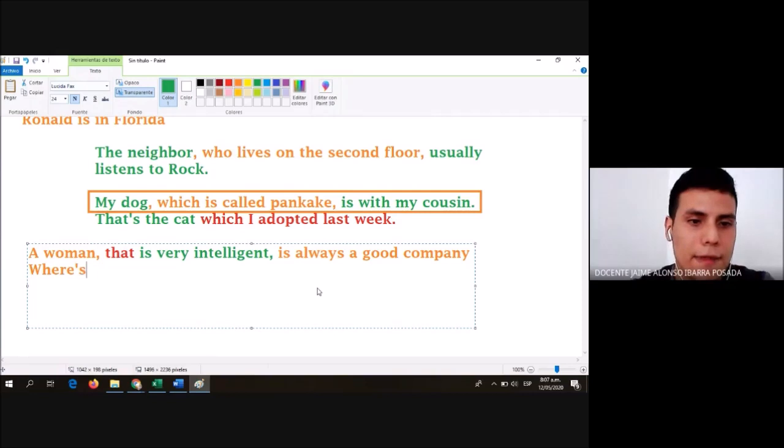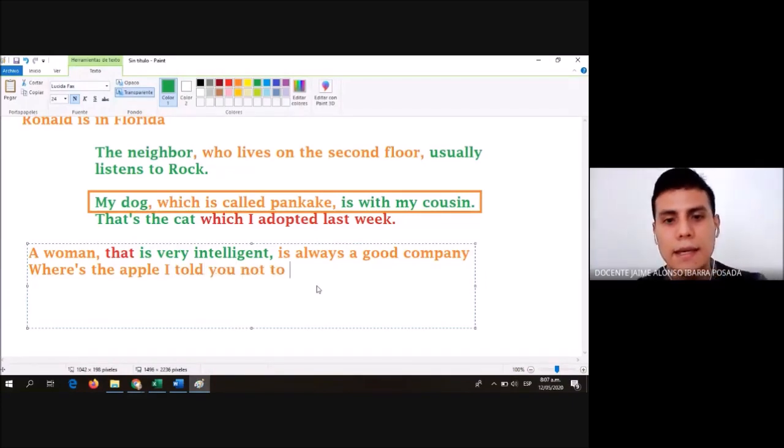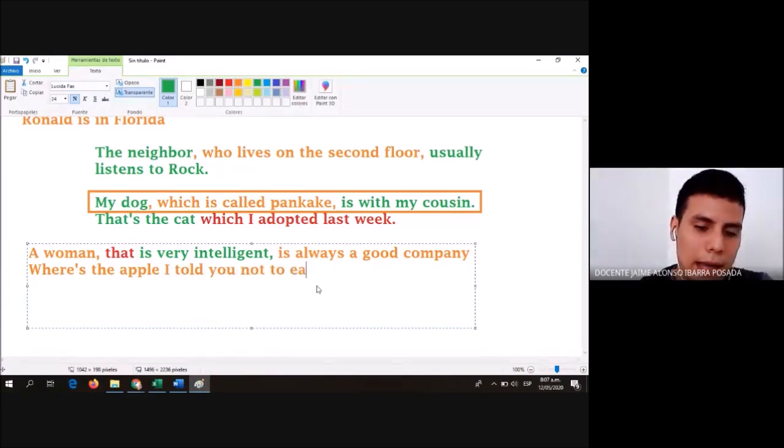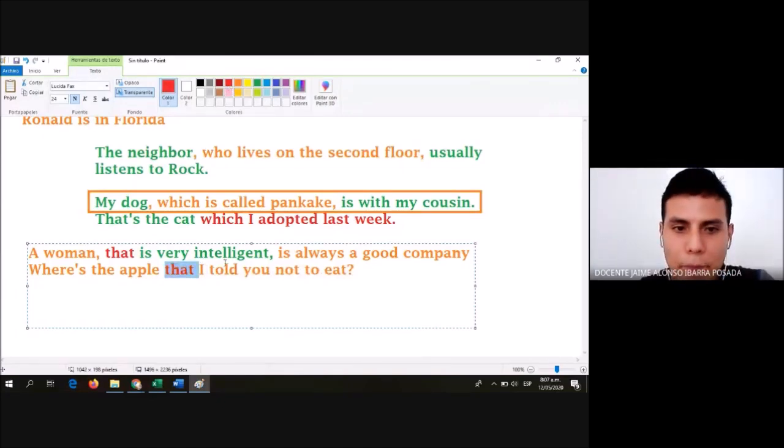Was the apple I told you not to eat? What happened in here? I can use that. Look at this. You can use that, but you can also omit it.